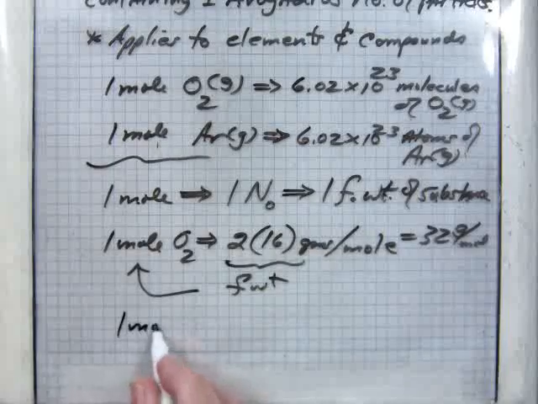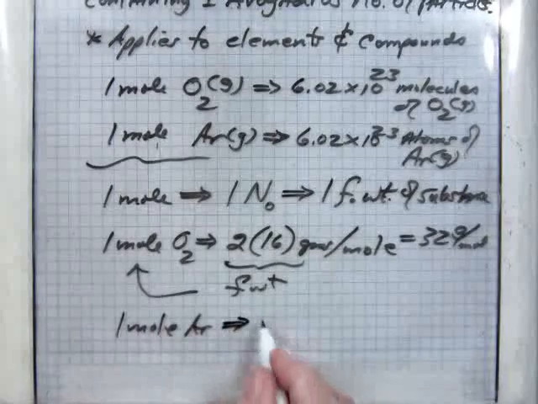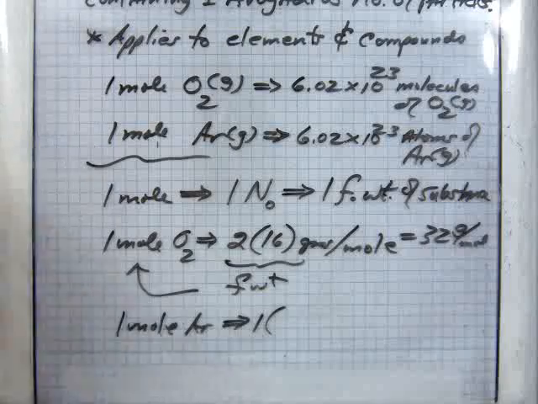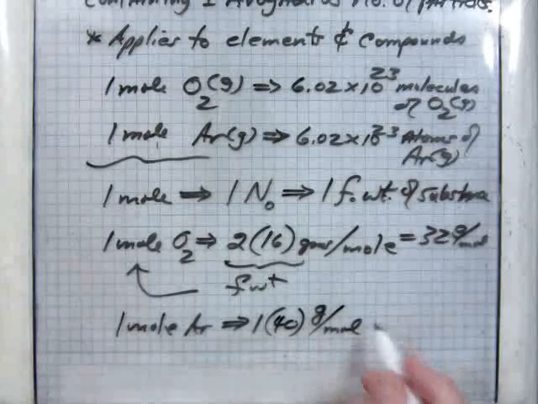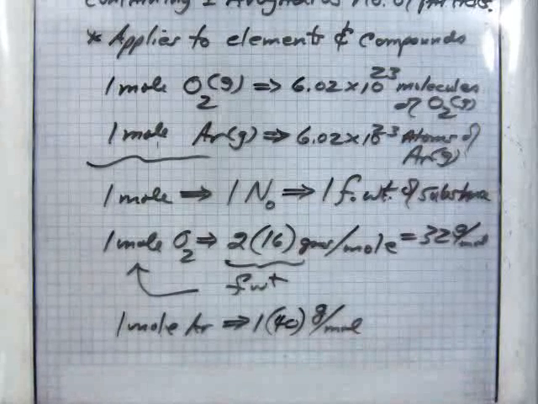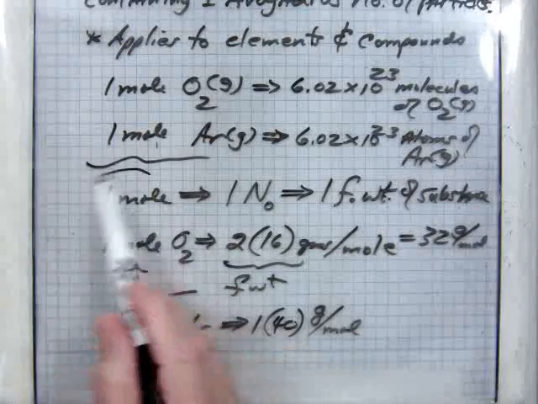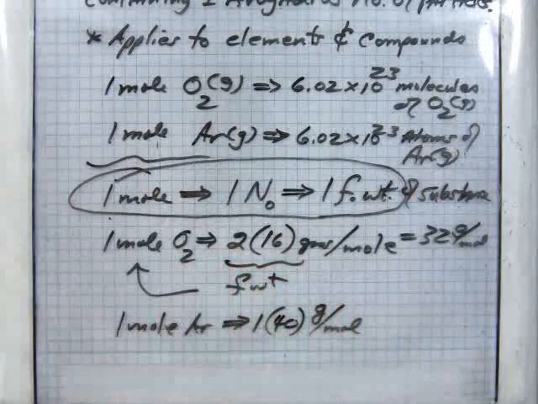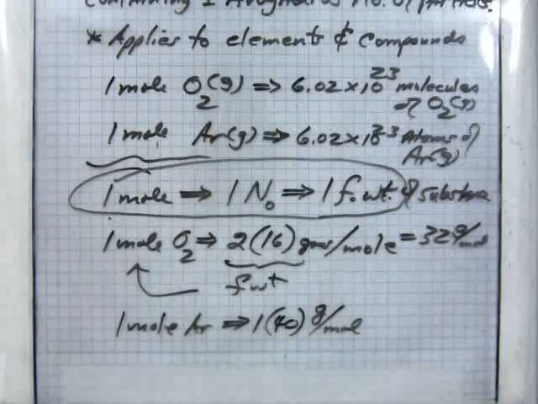1 mole of argon, we look up on the periodic chart, is 40. And we tag that with grams per mole, like that. So what I want to orient you with is this relationship right here first. 1 mole is the mass of substance containing 1 Avogadro's number of particles and is a formula weight.